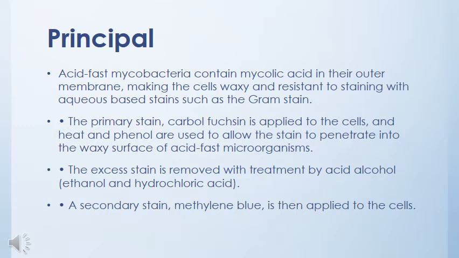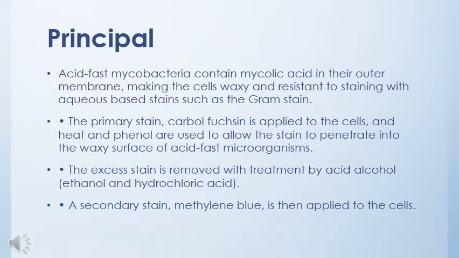The excess stain is removed by treatment with acid alcohol. After carbolfuchsin, the decolorizer is applied, and usually the decolorizer has ethanol and hydrochloric acid. They are strong acids, yet acid fast bacilli can retain color even after exposure to these acid alcohols or decolorizers.